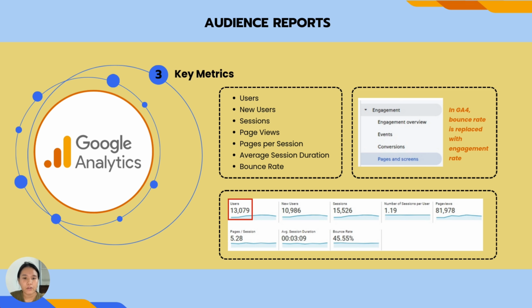Engagement rate is Google Analytics 4's updated version of bounce rate. For example, if your engagement rate suddenly drops, it may indicate a broken UI element, slow loading pages, or irrelevant landing page messaging. These metrics help you spot problems early.